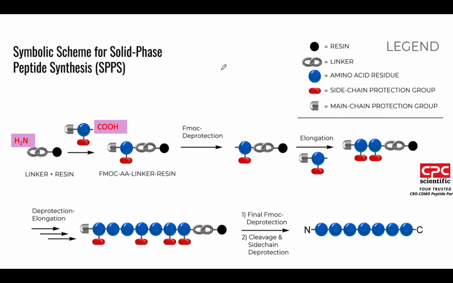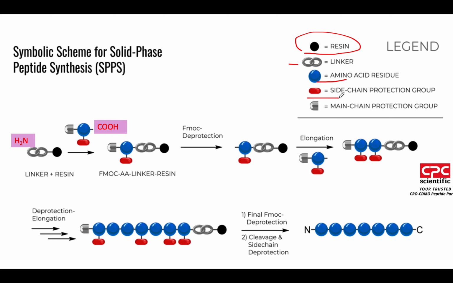So the components of solid phase peptide synthesis include the resin. As we mentioned before, this resin acts as a support of our synthesis, and this resin has a linker bound to it. This linker connects your resin and your first amino acid, and it's followed by the amino acid residue and the side chain protection group.